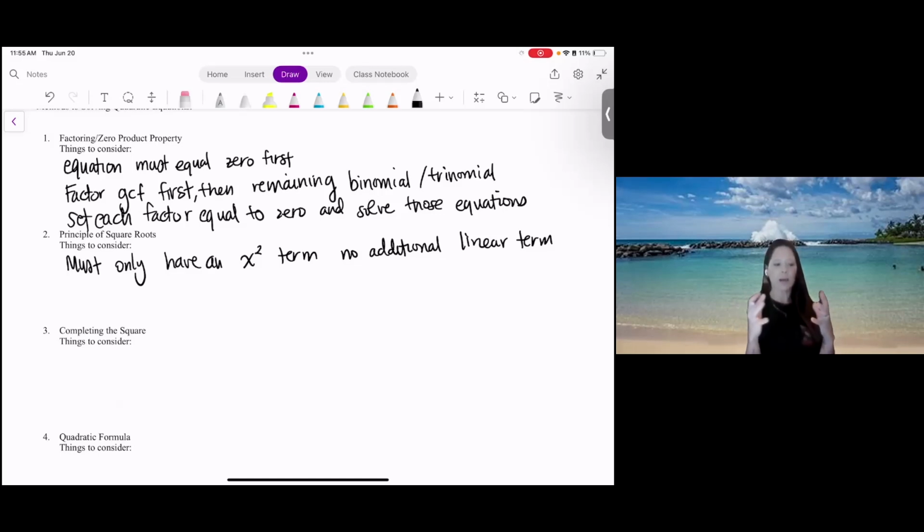This could be that you have x plus a number inside the square. That's fine. It's just that you don't have x squared plus x or some version of that. So you isolate the squared term and then solve by square rooting.